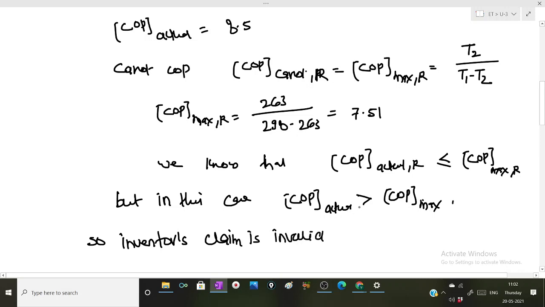Okay, because COP actual cannot be greater than COP maximum, and it is not possible. So therefore, inventor's claim is invalid. So this way you can solve such problems.